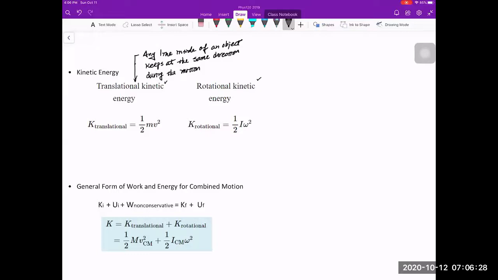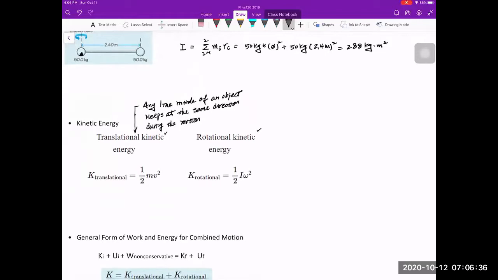An object could be a big object or a small object. For example, if you have an object like a rectangle, and let's say this object moves in this way.